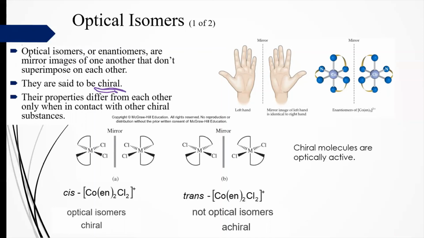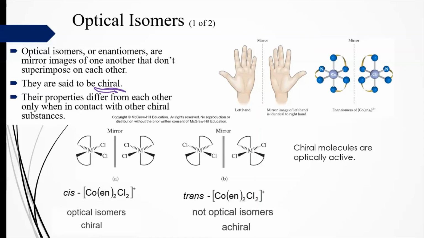Your best example of this is your two hands. Your two hands have the same arrangement. You wouldn't want to use cis or trans for either one because they're connected in the same way. It's not that they're not next to each other or not across from each other. But if you overlap your left hand and your right hand, you can't get them both to be doing the same thing.